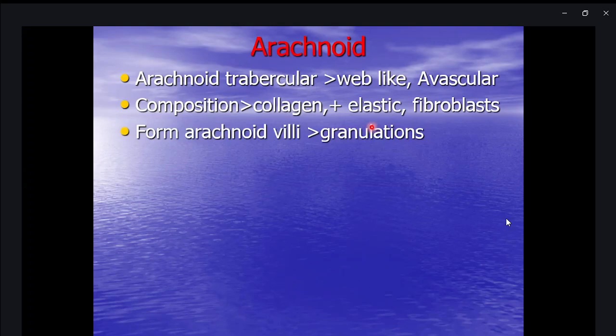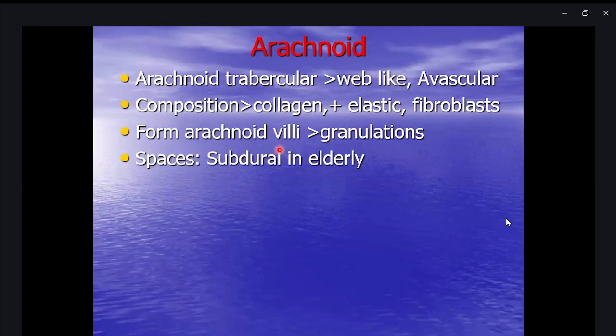These arachnoid villi project into the superior, especially the superior sagittal sinus, forming what you call arachnoid granulations. And the cerebrospinal fluid drains through these villi back into the venous system. So this is mainly for the drainage of cerebrospinal fluid.